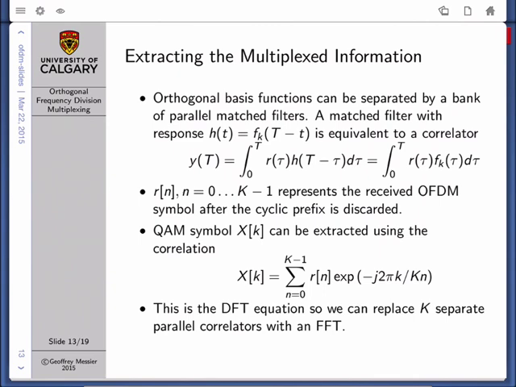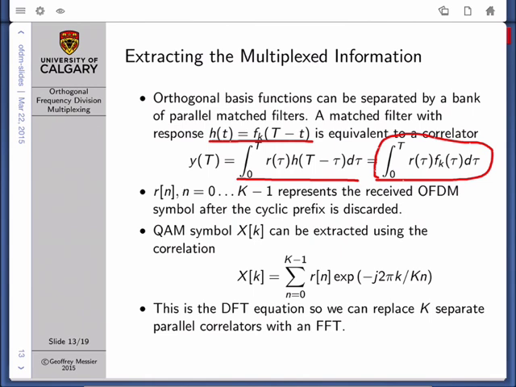And if we have a matched filter matched to a particular basis function fk, when we look at our convolution operation, as we've studied in the matched filter section, the convolution of the matched filter basically becomes equivalent to a correlation operation where you just multiply the received signal by the basis function and then integrate.